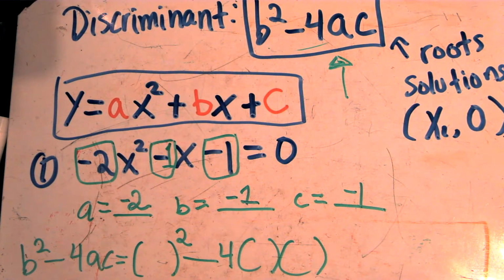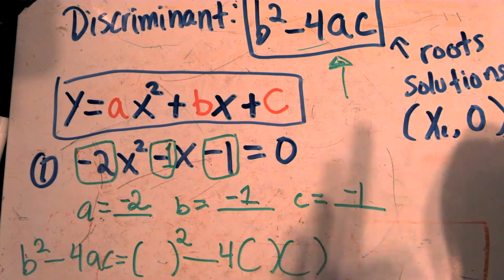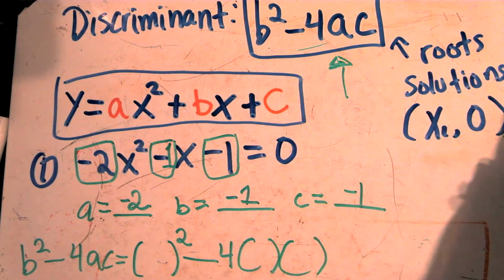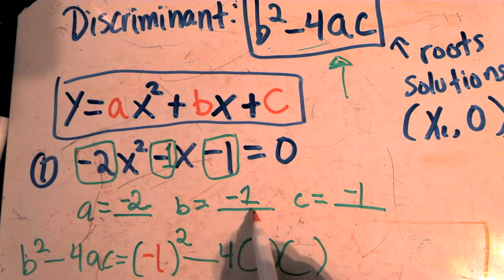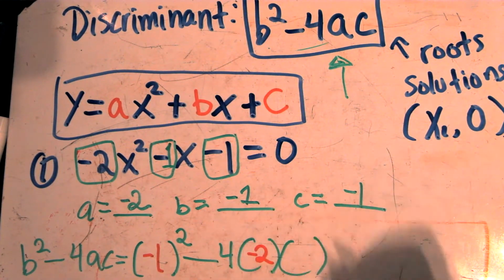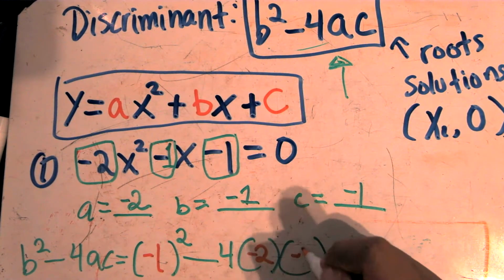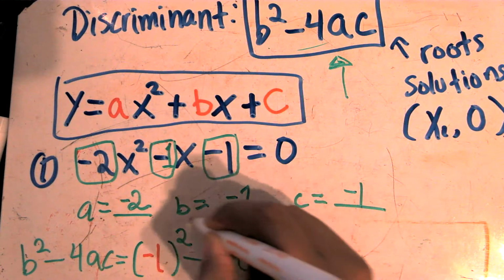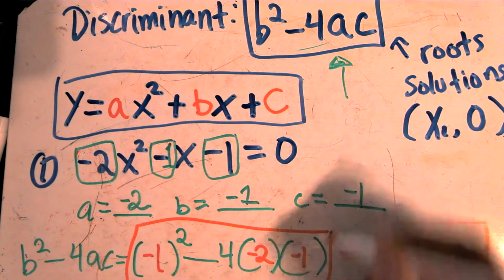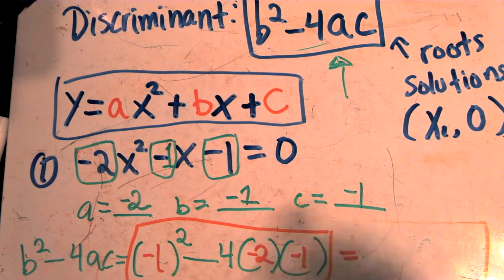And inside I'm going to plug in the -1 because b goes first, then a goes there, and then your c goes here. And then when you plug this whole thing into your calculator, just exactly as you see it, you're going to get a -7.